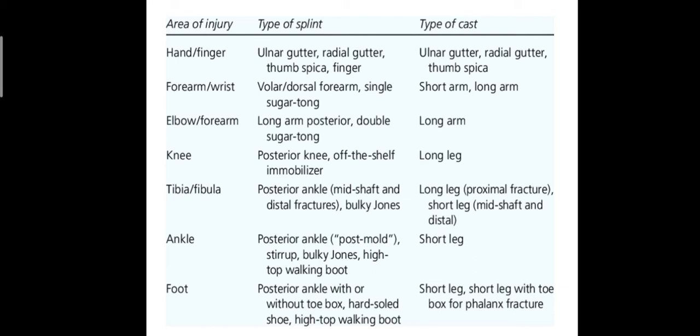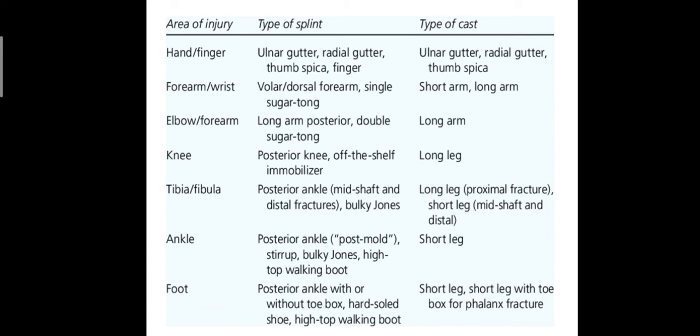Knee: posterior knee, knee immobilizer, long leg. Tibia, fibula: posterior ankle, long leg. Ankle: posterior ankle, stirrup, bulky Jones, walking boot. Type of cast: short leg.